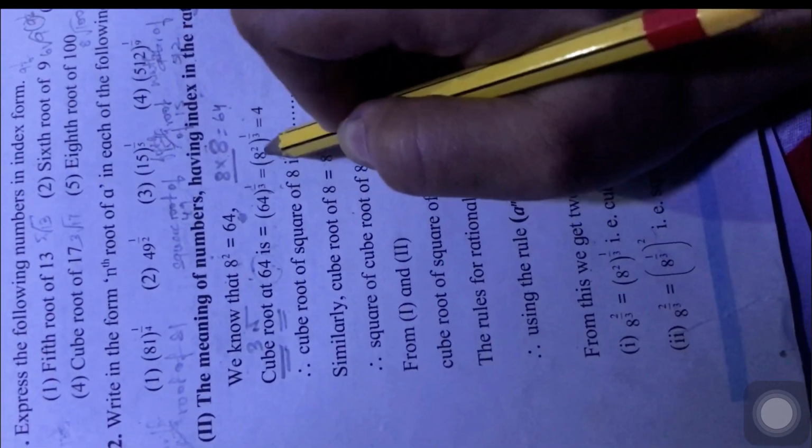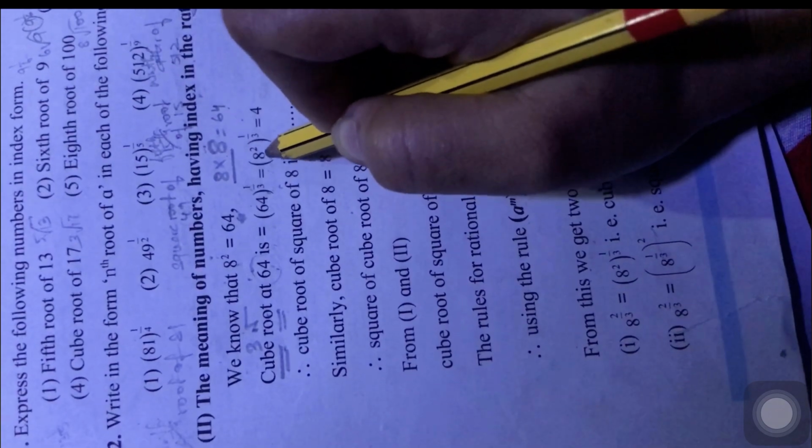Cube root: what has been asked? Cube means 3 and root is the radical sign. So the cube root of 64 is 64 raised to 1 upon 3, which is equal to 8 square.